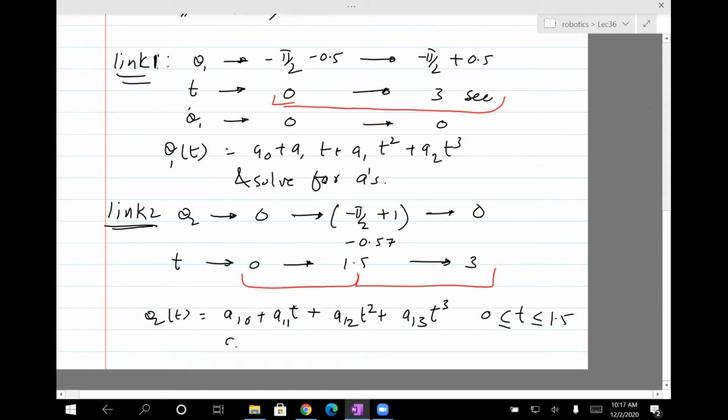And then we have a20 plus a21 t plus a22 t square plus a23 t cube for the time from 1.5 to 3.